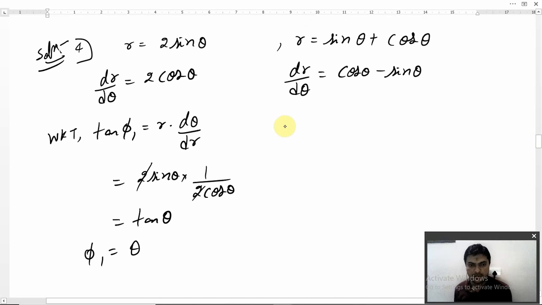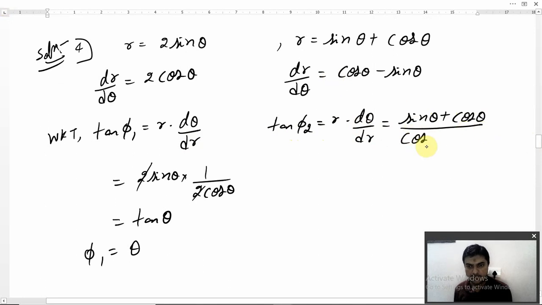Now we know that tan phi 1 is equal to r d theta upon dr. So here also I am going to take tan phi 2, for the second curve, as r into d theta upon dr. Here r is sine theta plus cos theta, whereas d theta upon dr is the inverse, that is, 1 divided by cos theta minus sine theta. Please remember, whenever tan is there on both LHS and RHS, only then can we cancel it. You have to keep it in mind.